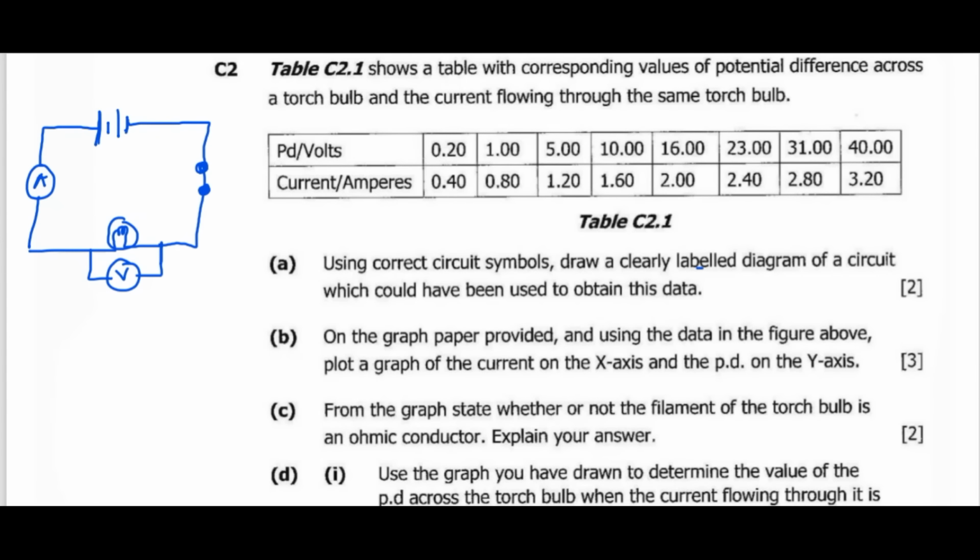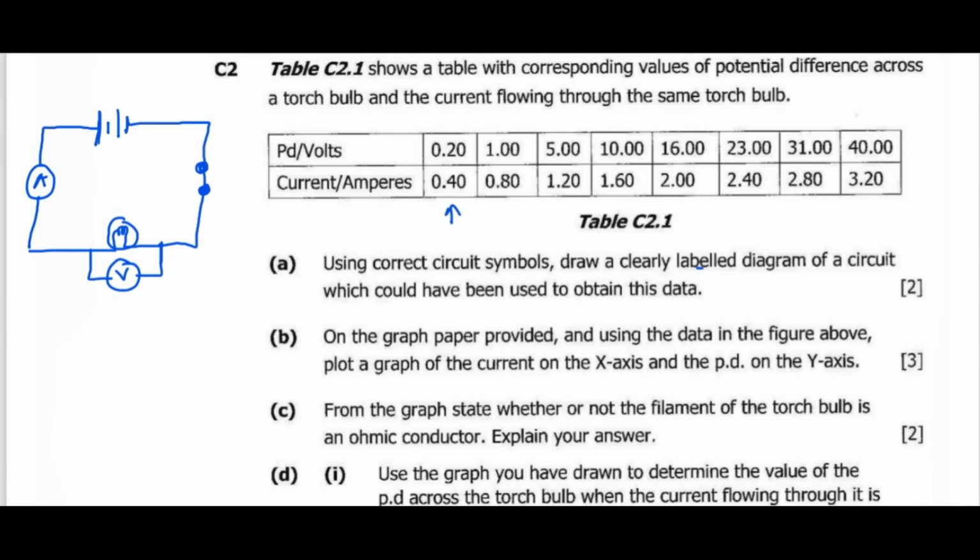Then on the graph paper provided and using the data in the figure above. Now here I don't have a graph paper, but you can use the graph paper. I will just use these numbers to determine the type of the curve that we are going to have.